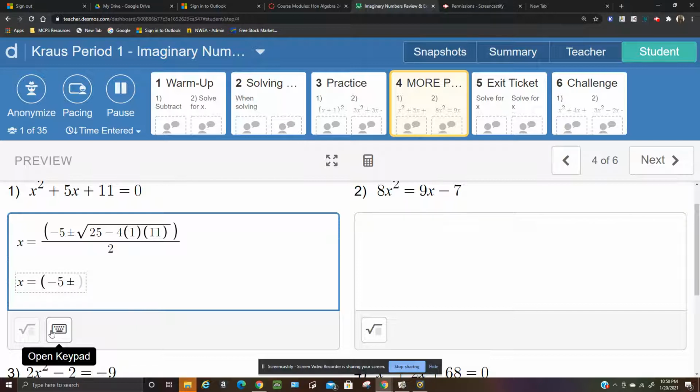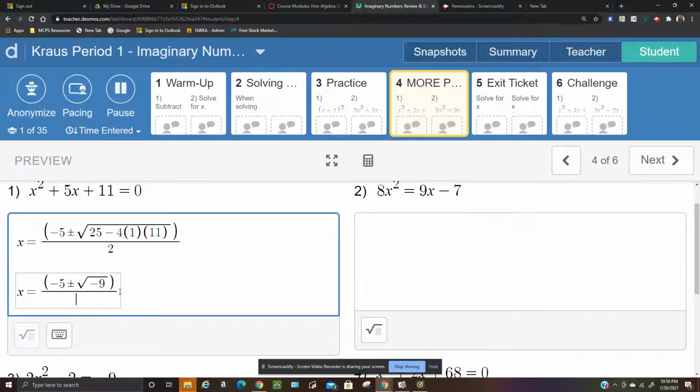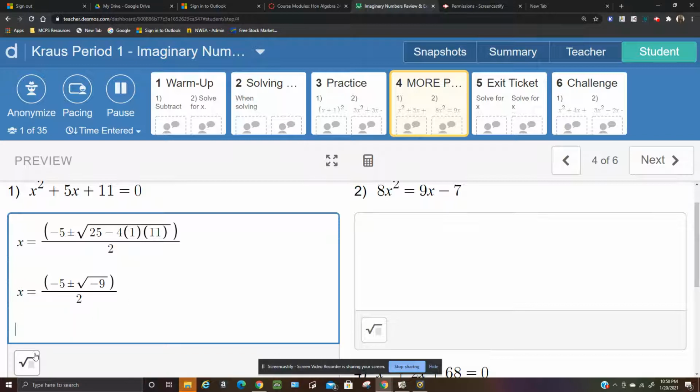Negative 5 minus 44 is negative 19, I mean 25 minus 44 is negative 19. Pull an i out and take the square root.